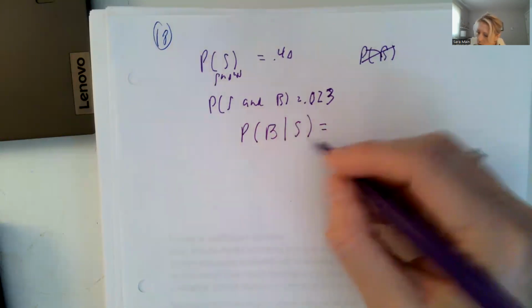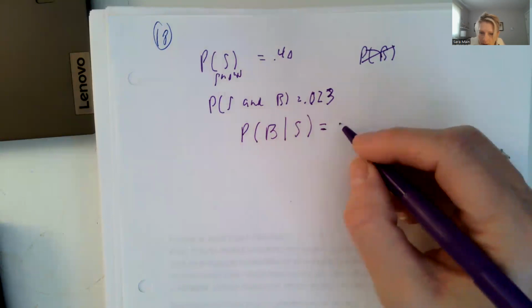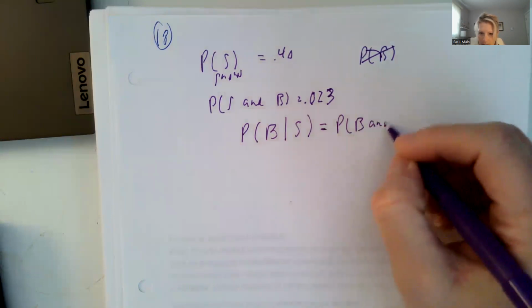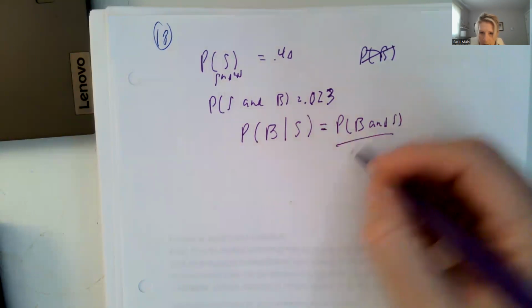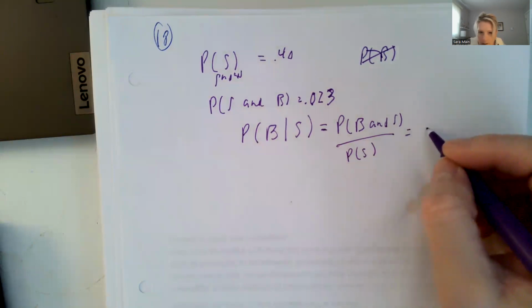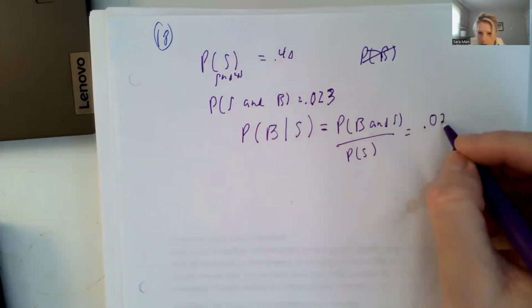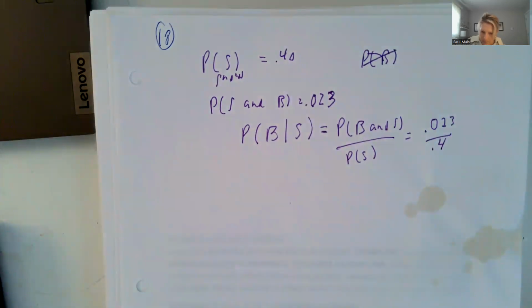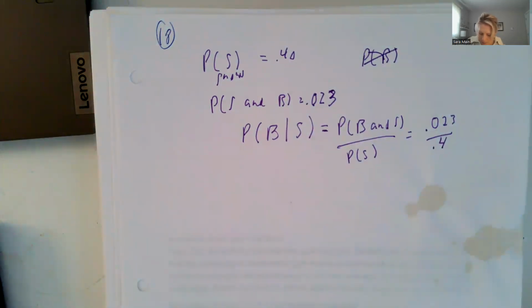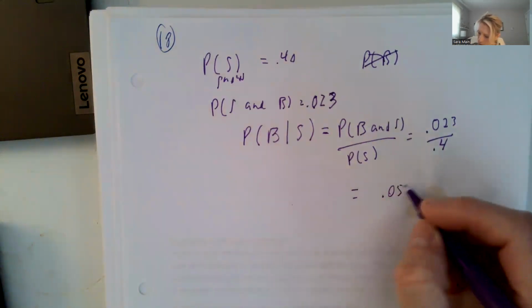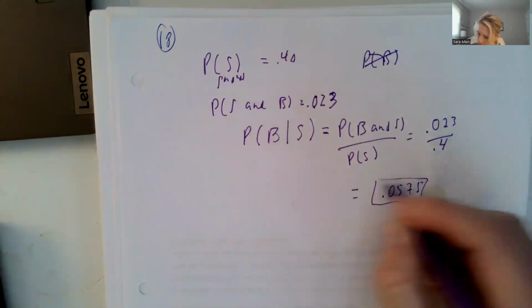Okay, so if we want to find this conditional probability, that would be the probability of B and S divided by the probability of S. And so that's going to be 0.023 divided by 0.4. And that comes out to be 0.0575.